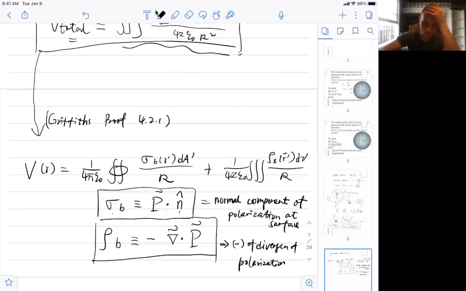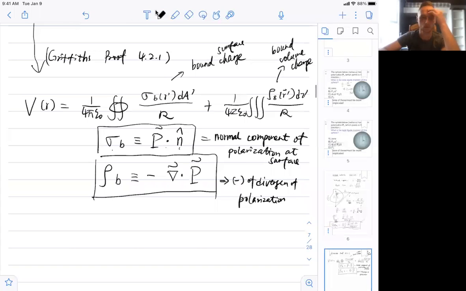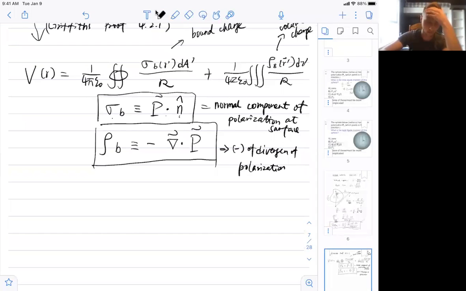It looks as if the potential produced by this polarization has some contribution from surface charge, which we call bound surface charge, and it can also have some contribution from bound volume charge. So we are going to evaluate and investigate these two terms coming next.